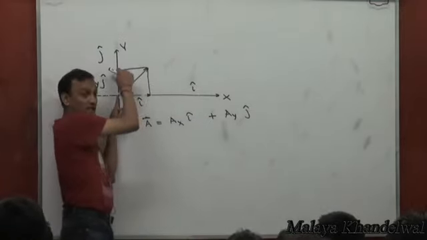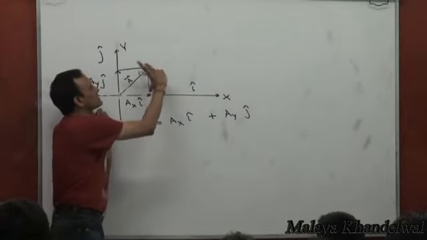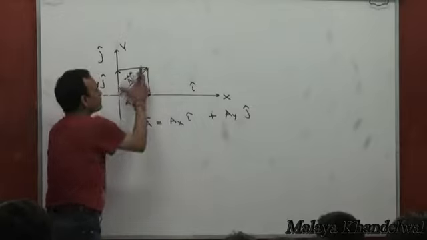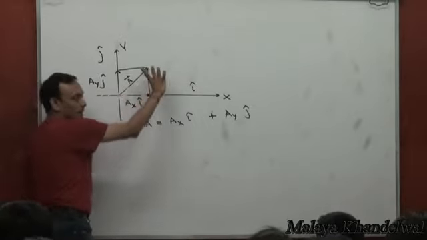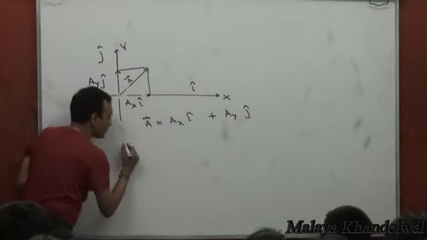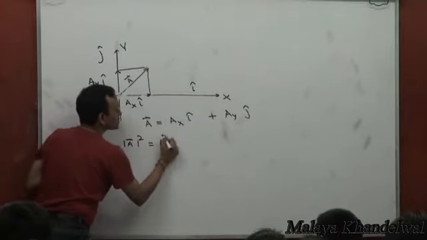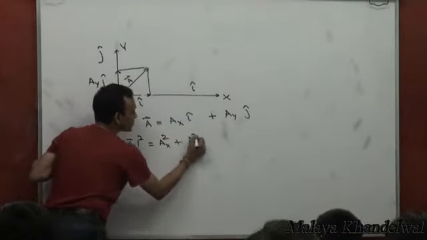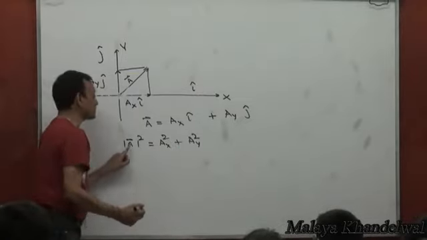This length is AY. So if this length is AX, this length is the same as this length. This is AY. So then from Pythagoras theorem, can I not say that this square is this square plus this square? So this squared is mod A squared. That's going to be AX squared plus AY squared. Yes or no? That's the magnitude of A.